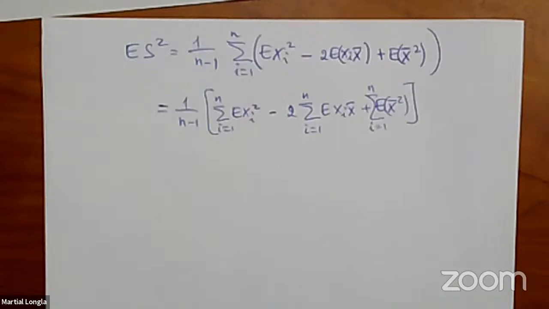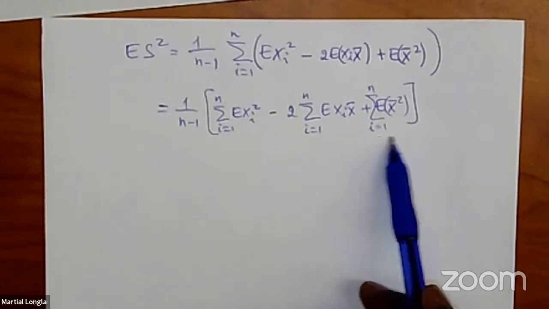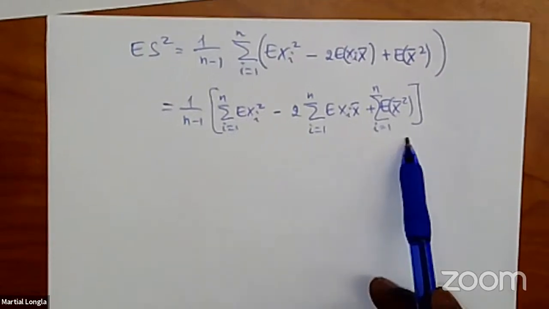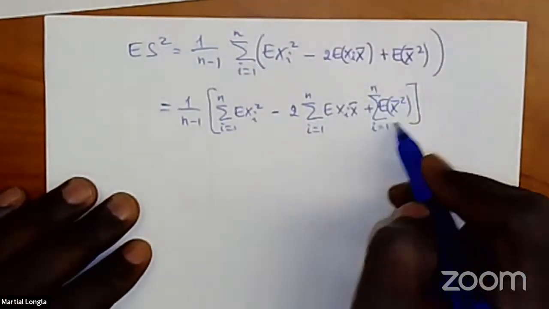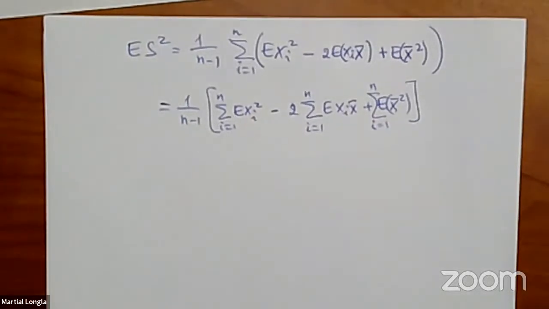It's way back. Yes, no, not that far. It's very simple between this thing and that thing. The expected value of x bar squared doesn't depend on i. Yes, so that's also a good thing to see. So this is going to be n times the same thing because it doesn't depend on i.